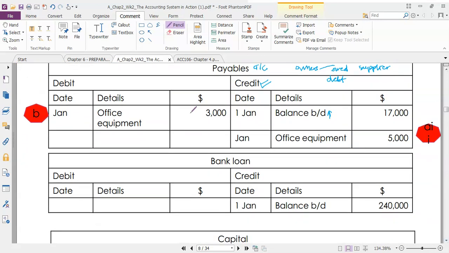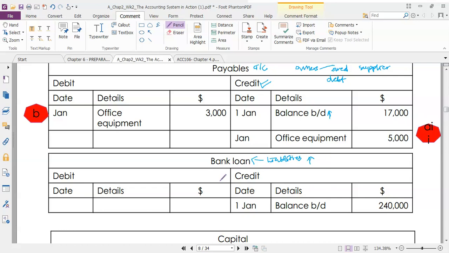Okay, another one. Bank loan. What element for bank loan? Very good. It is also liabilities. So increase for liability means that we have the balance BD.